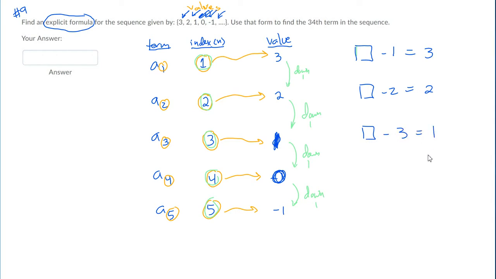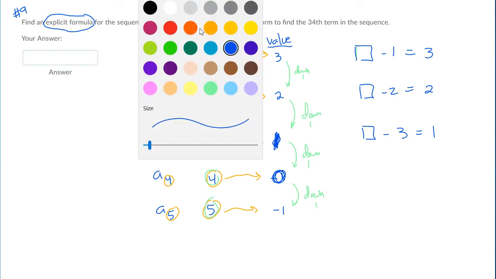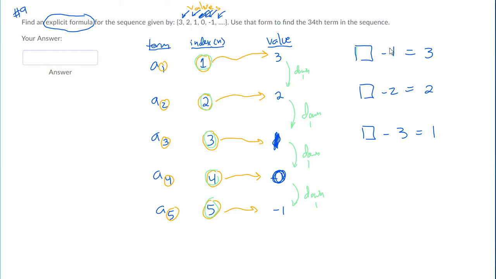How do I know that this is the pattern? Because these are my indexes, and I notice that every time the index goes up by 1, the values of the terms are going down by 1. So the way to make that happen is use the index numbers, subtract your index numbers.